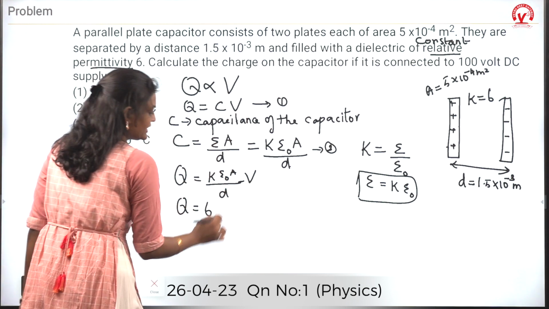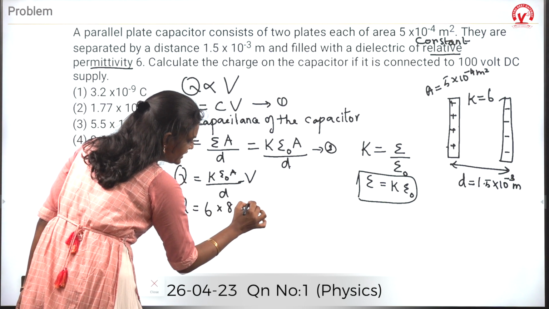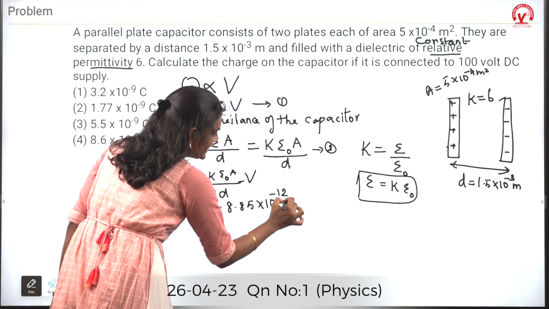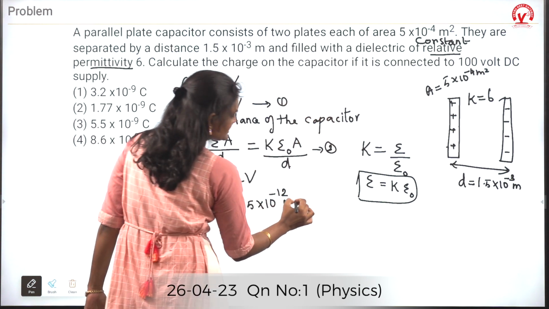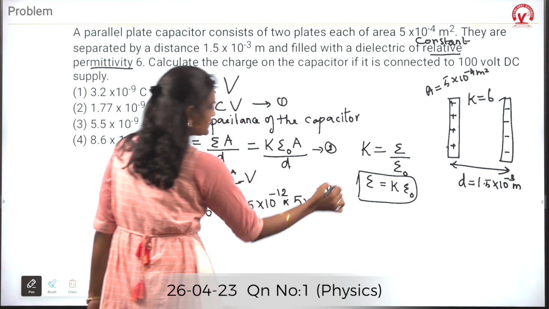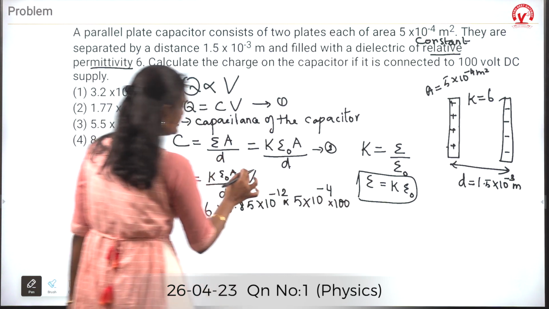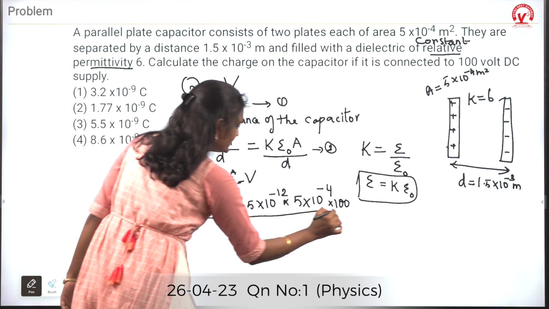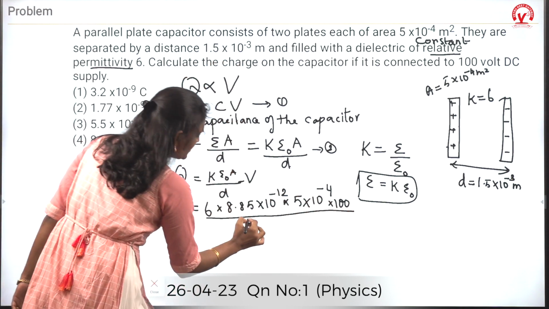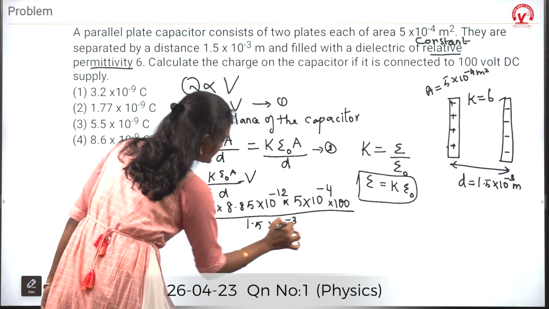Epsilon naught you must keep in mind is the constant value 8.85 × 10^-12. Area of cross section is 5 × 10^-4, and the voltage applied here is 100 volt, divided by D, where D is the separation of 1.5 × 10^-3 meter.